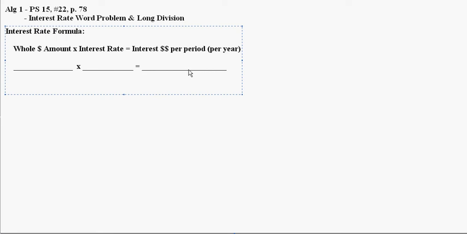So the first thing is, in the word problem, the doctor wants to borrow $450,000. So that's the whole dollar amount that's either being borrowed or lent. He knows he only wants to pay up to $42,750 in interest per year. Now that has nothing to do with how much of the loan he wants to pay back, or how much of the $450,000 in principal he wants to pay down a year.